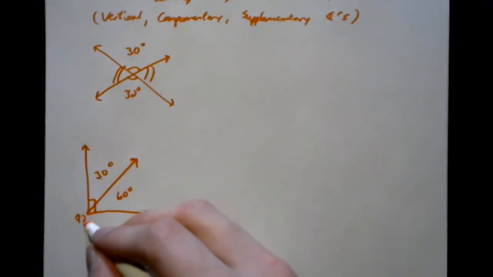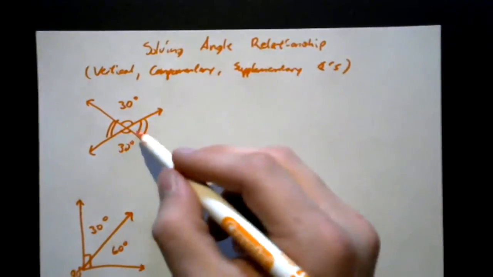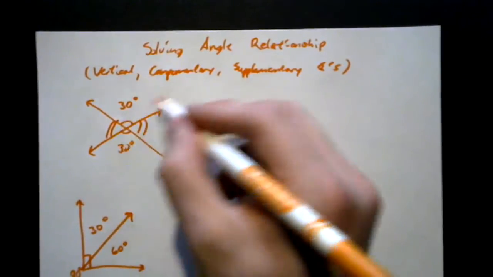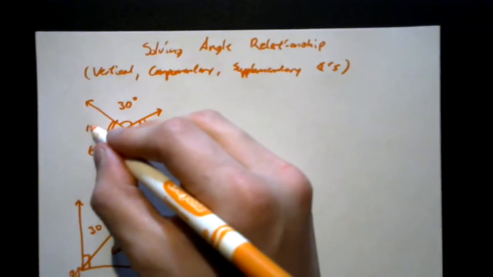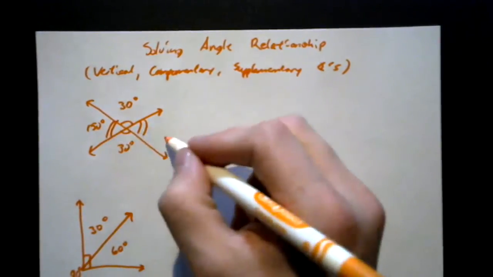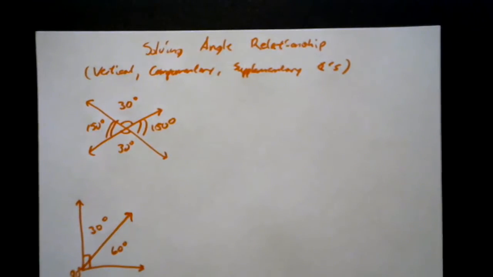This one equals 90 degrees because it's a corner. Anywho, now we can figure out these sides because it's a line, so we can use our supplementary angles. Be 150, and you can solve for this one either of two ways. You can use the vertical or do another supplementary angle to get 150 there.